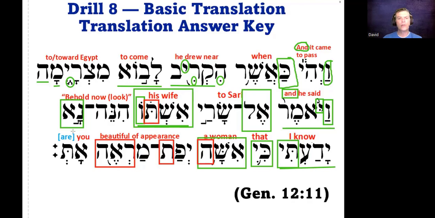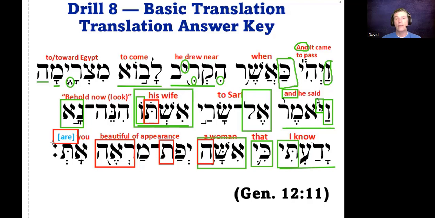Then we have to insert the word are. This is what they call a verbless clause in Hebrew. There's no verb really represented. Now, they could have put the Hebrew verb to be, but more times than not, they do not. The writer leaves that out, and so it's known as a verbless clause. And then at is an independent personal pronoun. I know we just covered that in our last lesson. It's the last pronoun chart I showed all of you.